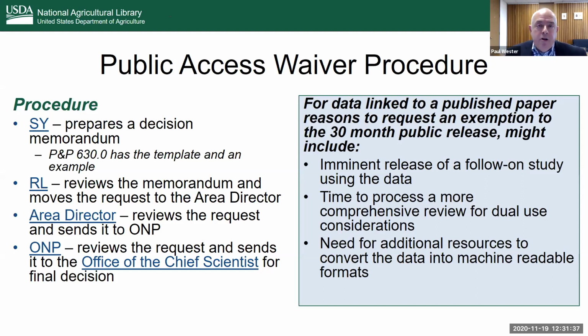And also, if there are specific issues related to the data and a need for additional resources to convert the data into a machine readable format, which is one of the guidances from OMB, that the data need to be machine readable. If there are needs to convert data or otherwise massage it to make it machine readable so that it can be publicly accessible, that can also be a reason for looking to the Office of the Chief Scientist through that process I just described at a high level to get that 30-month exception.